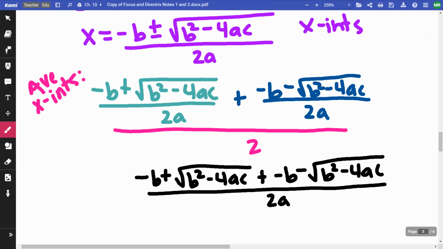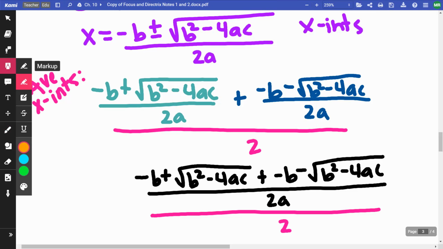That would be me adding them together because they have a common denominator, so I can combine those fractions. Now, I still need to divide that by 2, because what I just wrote in black is me just adding my two x-intercepts, the teal one and the blue one together. That's what gave me the black.